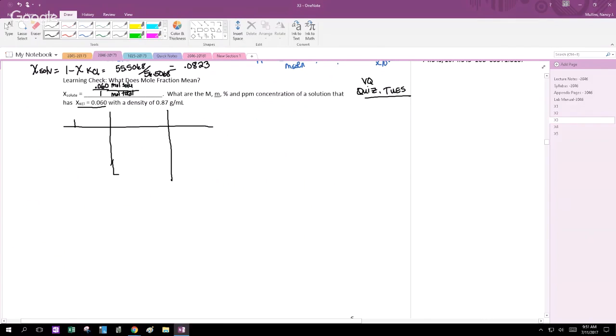So our solute is, in this case, KCl. Our solvent is presumably water. What we know to start with is that we have 0.060 moles of KCl and 1 mole total.